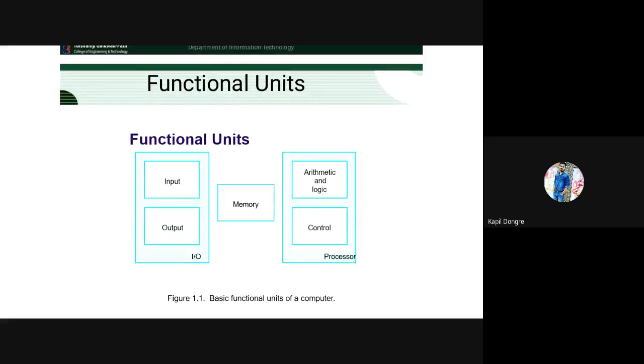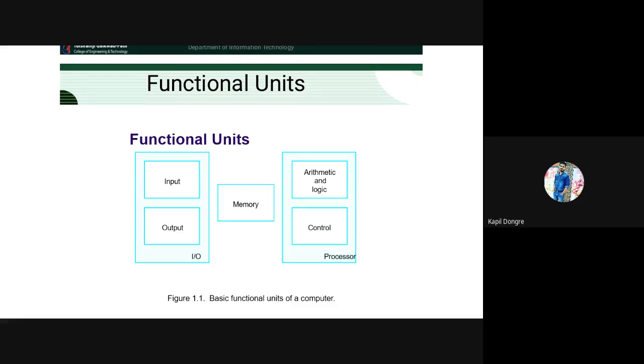Input is used for the different types of input we require to process our instructions. We know why we have computer architecture and organization. Here we have one input and one output.